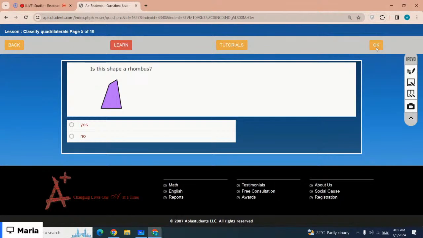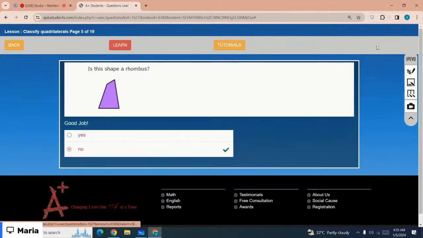Is this shape a rhombus? Yes or no? No, this is not a rhombus.